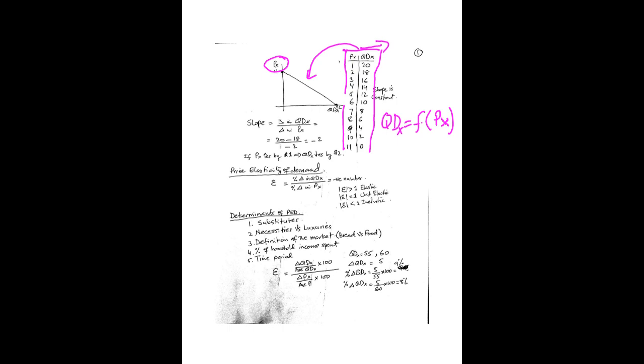But we are taking price of X on the vertical axis. It should have been on the horizontal axis. It means that we are not plotting this function. We are plotting the inverse of this function. That is, we write this function as Px equal to something in terms of QD.